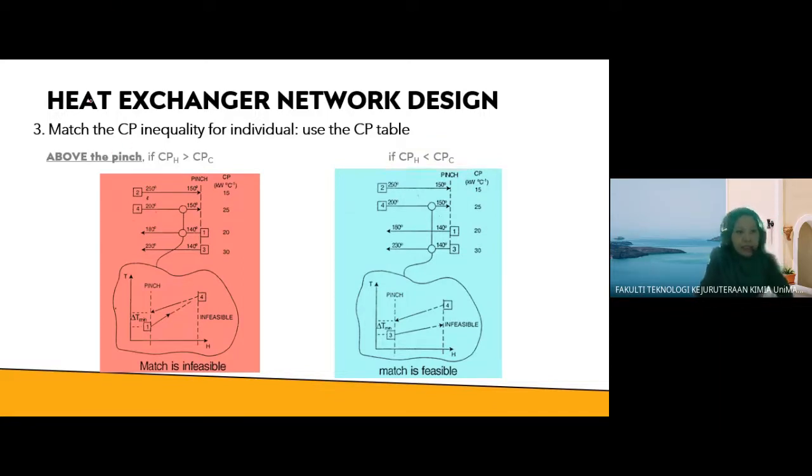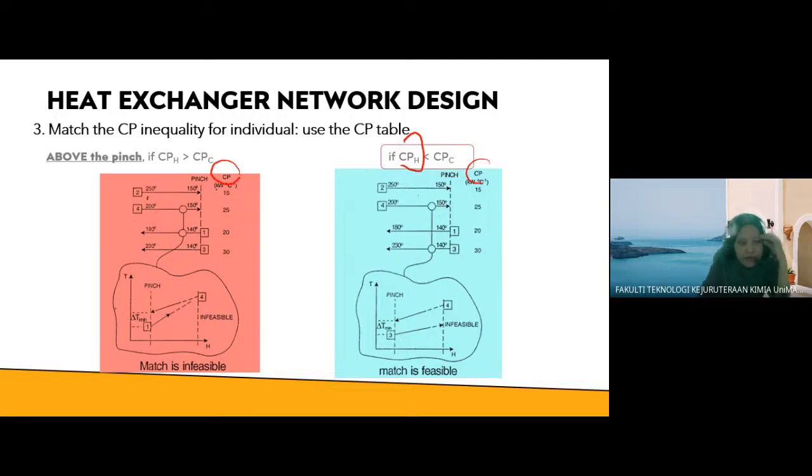For example, here above the pinch, your CPH value must be less than CPC value. Why? Because this is your CP value, and this is above the pinch.